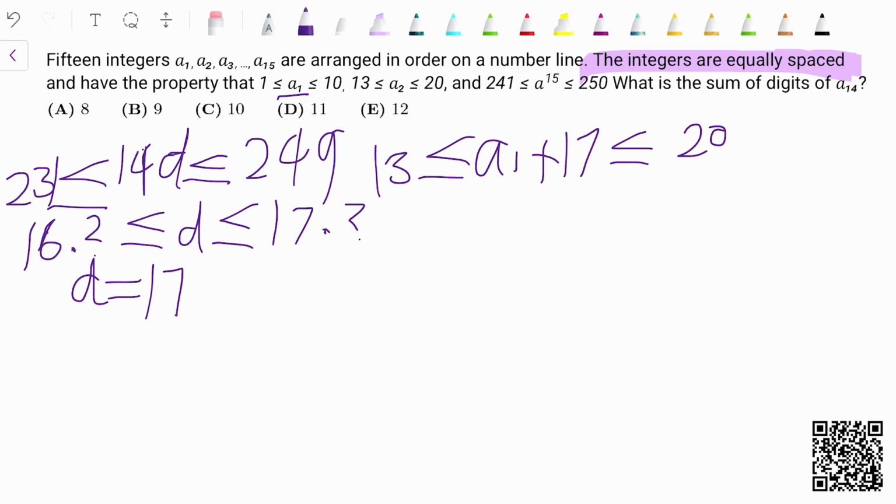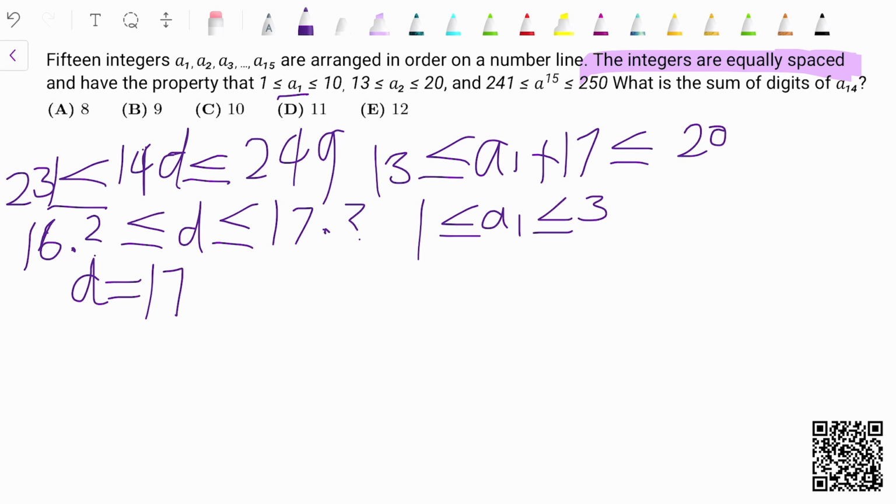If you put in 3, that would be equivalent to 20, and that fits. But if you put, for example, 4, it would be equivalent to 21, which is greater than 20, therefore it does not fit. So A1 must be less than or equal to 3 and greater than or equal to 1.